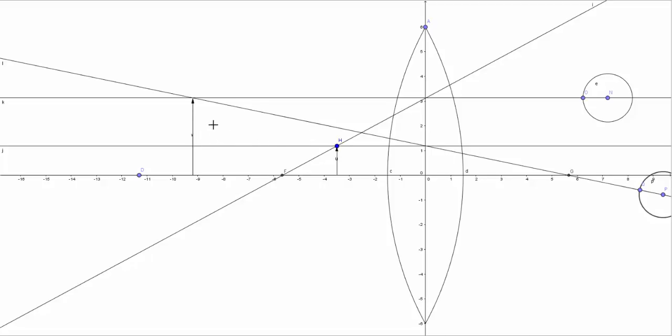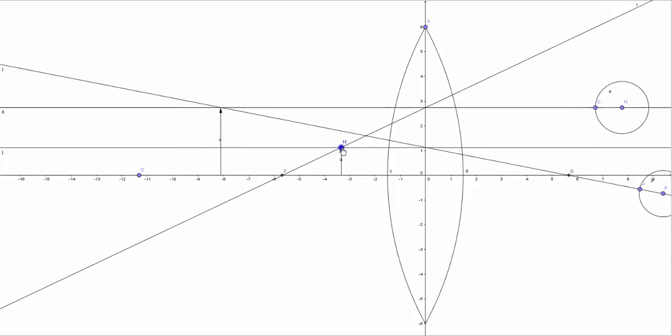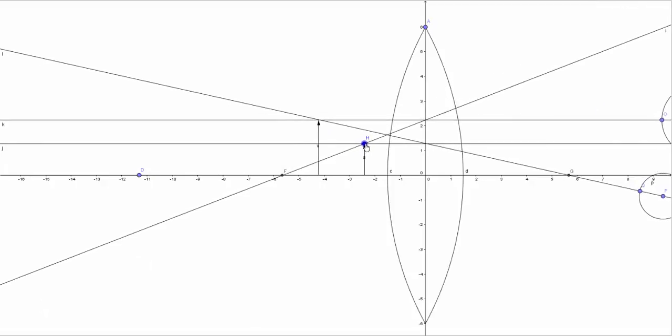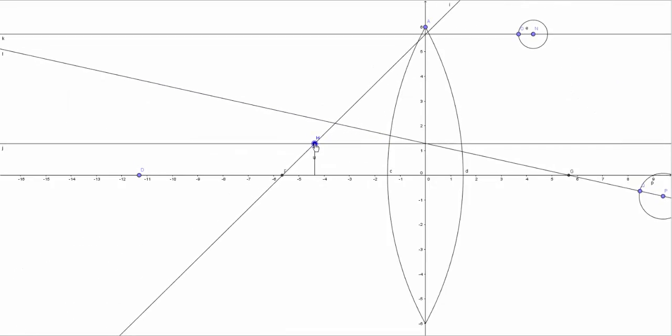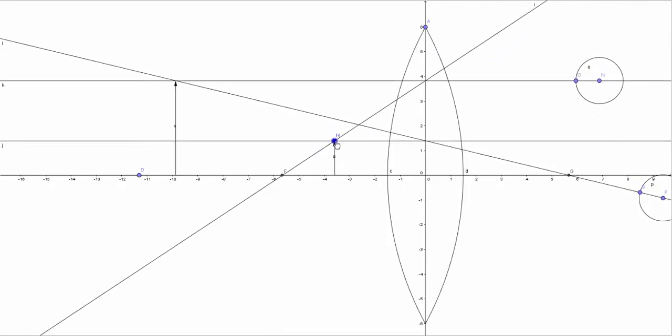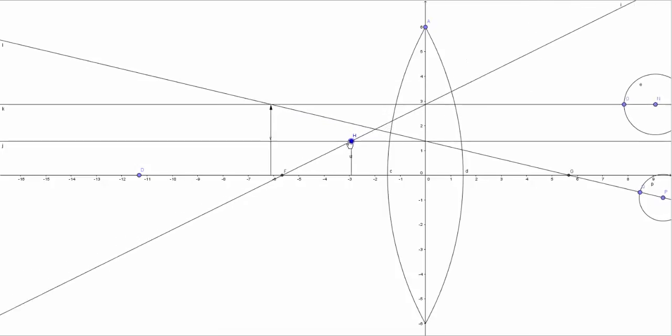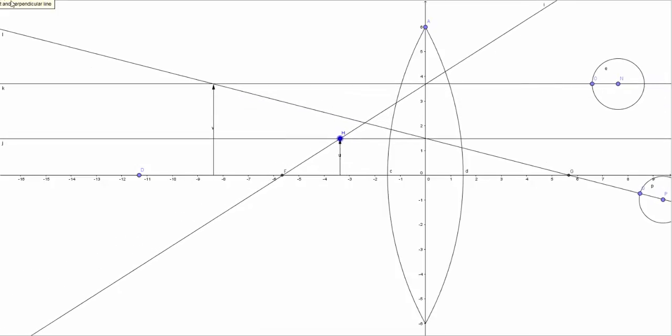So when the rays converge on the same side of the lens as the object, you're going to get a virtual image. And again, you can see that in this case, these concave lenses are always creating a virtual image that is larger than the original object itself. Unlike a concave mirror, which had always created a smaller object than itself.